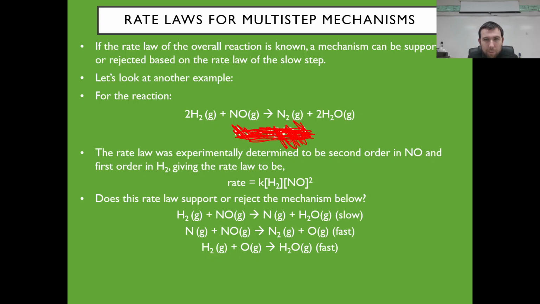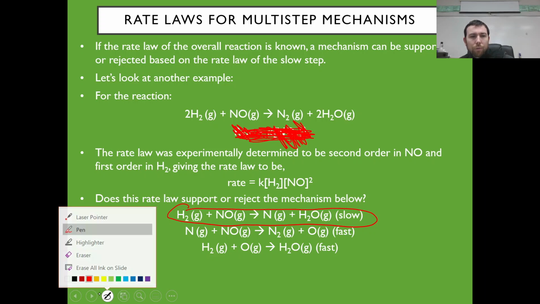And again, the thing that we want to key in on to help us figure this out is to identify which one is our rate determining step, or our slow step. That's our first one, so we look at our first step. That's what's going to determine our rate law.